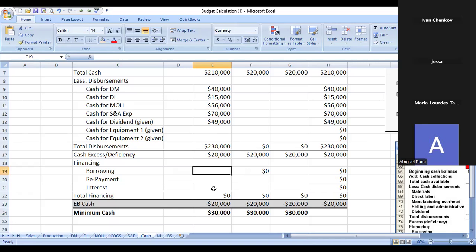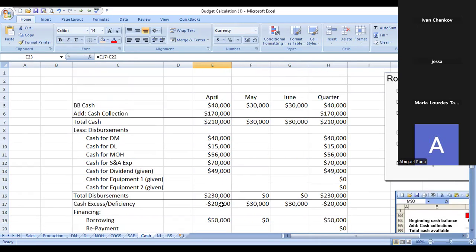Well, obviously, we need to borrow $50,000. Once we borrow $50,000, our ending cash balance will be exactly the minimum cash that we want, $30,000. And we're done with April.